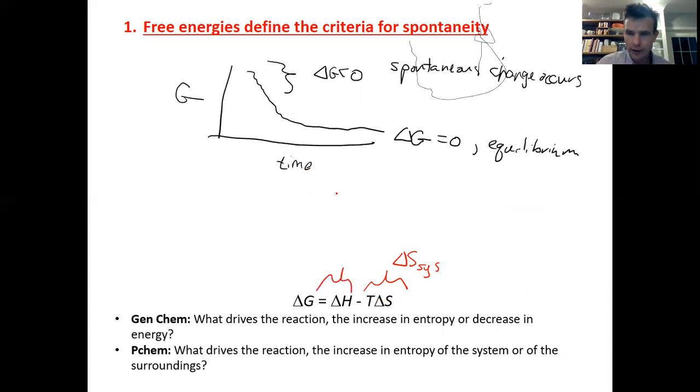This term here, the delta H, is related to delta S of the surroundings. Remember that heat released by the system is gained by the surroundings, so that's an entropy increase of the surroundings. And so you'll see questions like this on the homework and other places.